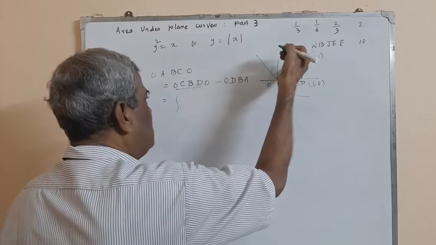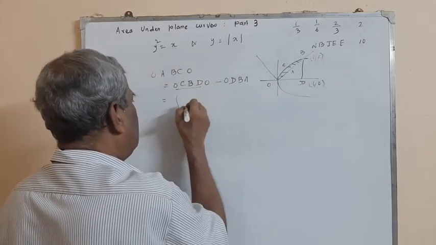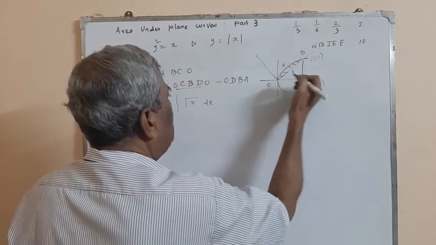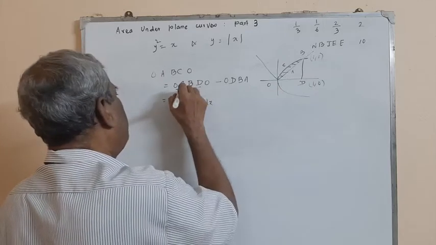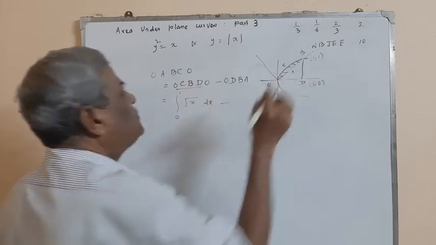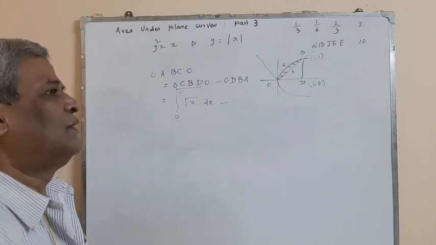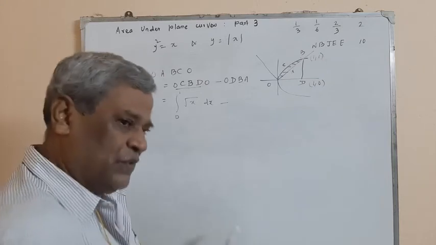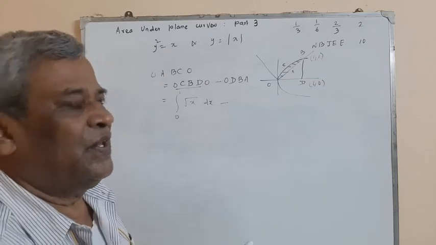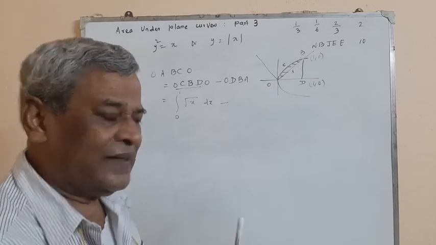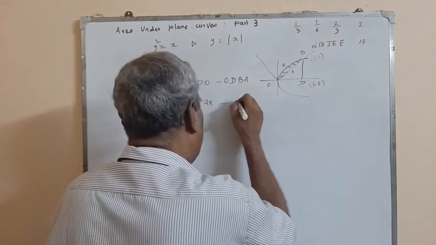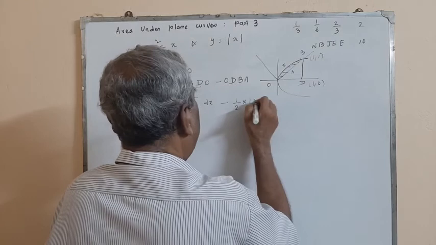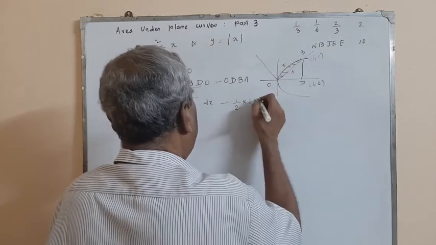Y can be taken from this curve, that is y is root x, dx. Limit from 0 to 1, minus that part. It is a plain right angle triangle. So no need of calculating with the help of integration, because you are answering MCQ questions. So this is equal to half into base, that is 1, into height, again 1.